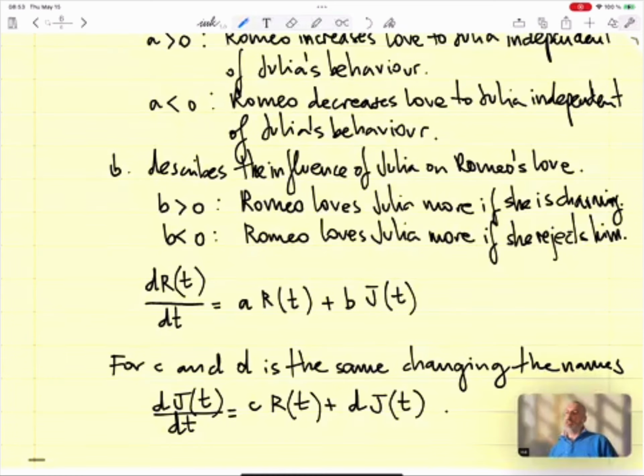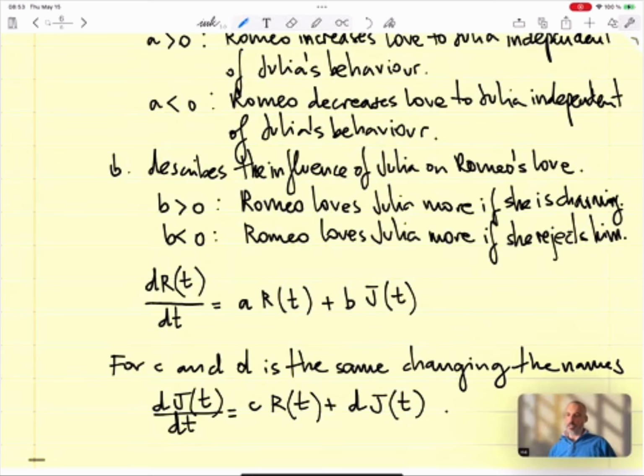And if D is positive, Julia increases her love for Romeo independently of Romeo's behavior. And if D is negative, Julia decreases love to Romeo independent of Romeo's behavior. Okay?